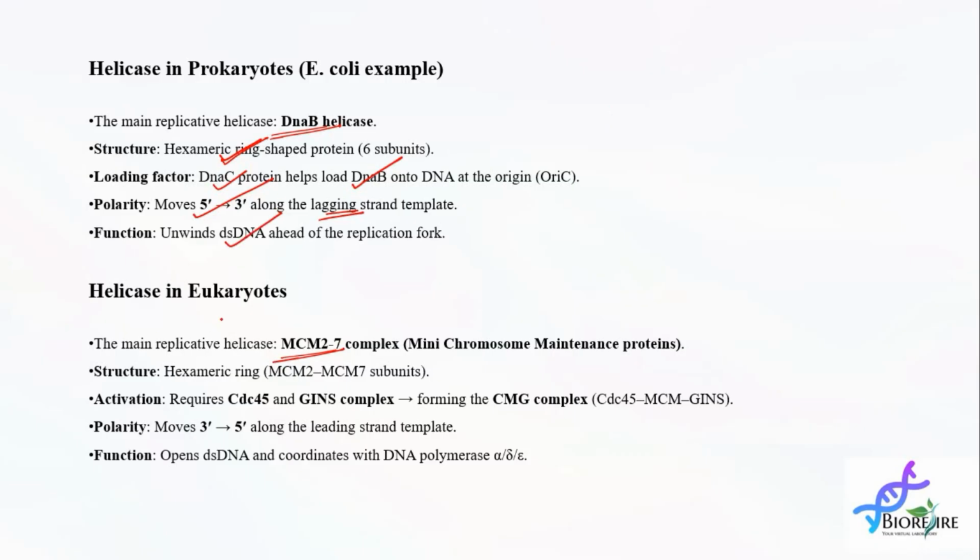Okay. In case of the eukaryotic structure, it is also a hexameric protein. CDC45 and the GINS complex are helpful to recruit the MCM proteins. Polarity is 3 prime to 5 prime on the leading strand. It converts the double stranded DNA into single stranded DNA, and also coordinates the DNA polymerase enzyme.